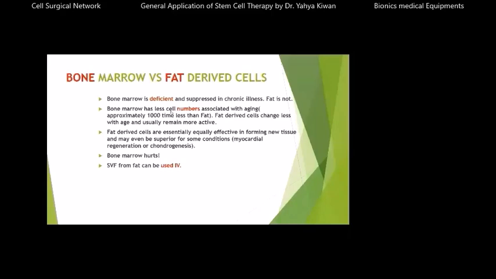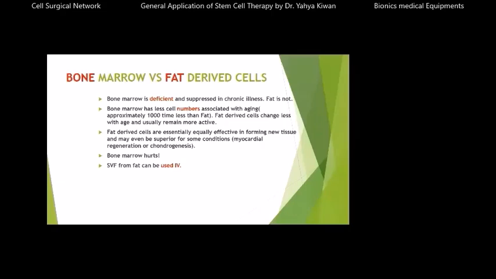Bone marrow has fewer cells because of aging. Approximately, the ratio is less than 1,000 times less than the fat. The fat-derived cells are essentially effective in forming new tissue, like myocardial regeneration or chondrogenesis.